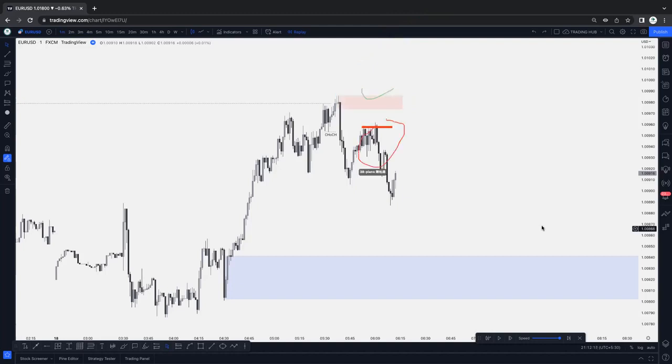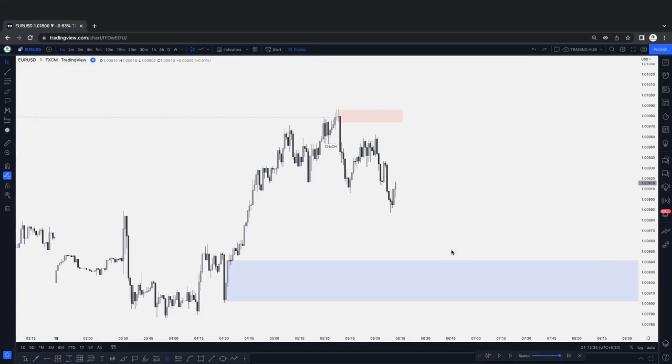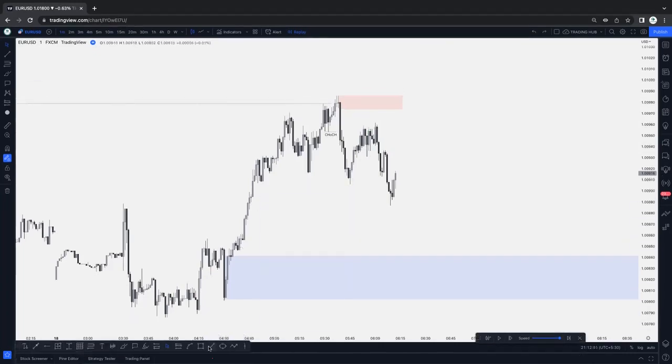Okay, that's great. Both zones are valid. The first one is here, as you mentioned, because this zone is after the inducement. And the second thing is here: if you can see at this point, the market took out the previous high.